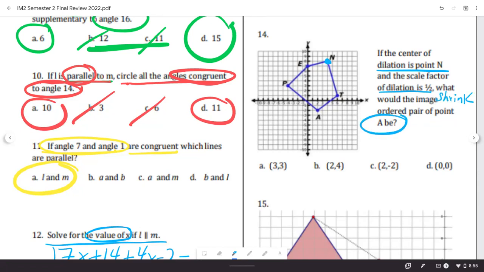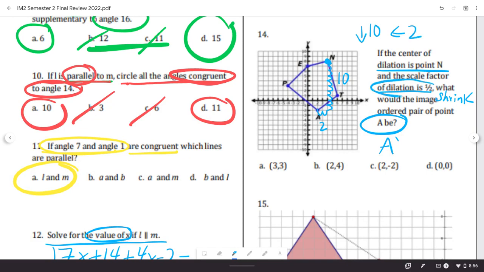And we're looking at the new A, which we would label as A prime. So let's count from N to A. 1, 2, 3, 4, 5, 6, 7, 8, 9, 10. And then it's 2 to the left. Okay, so it goes down 10, left 2.